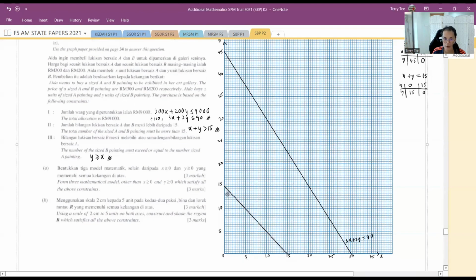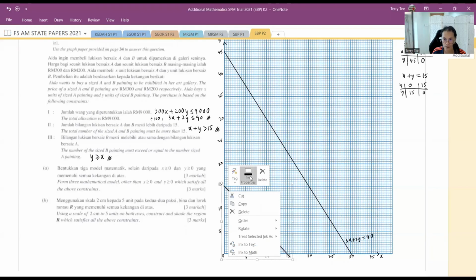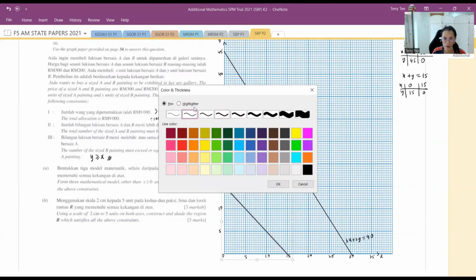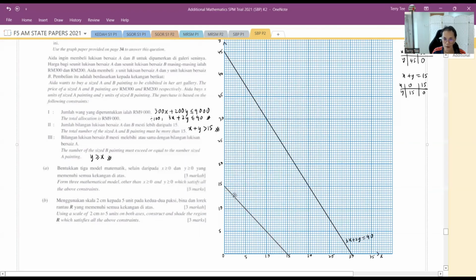I wonder whether I can change the property of the line. No, I can only do this. Maybe I just change it to a dotted line here. Then I have to erase it.